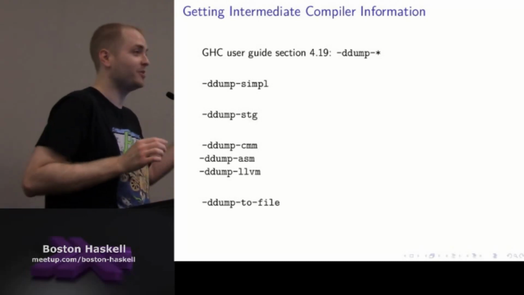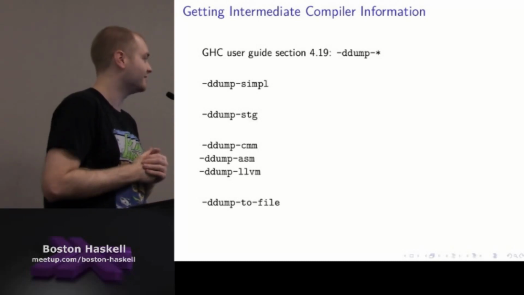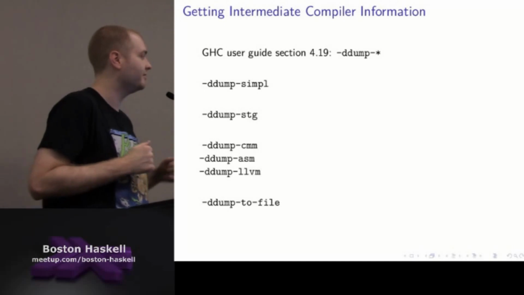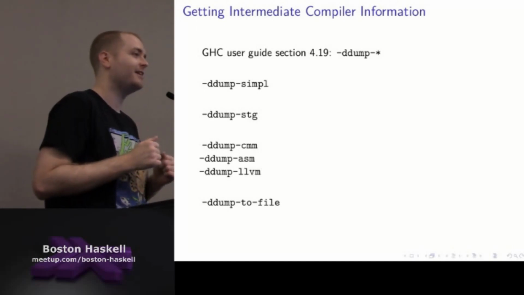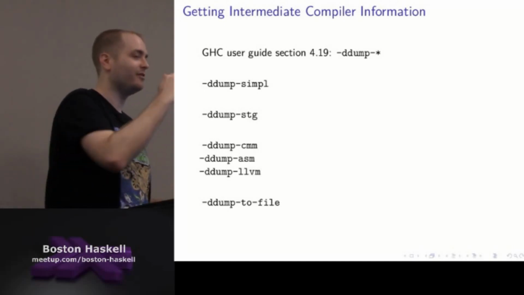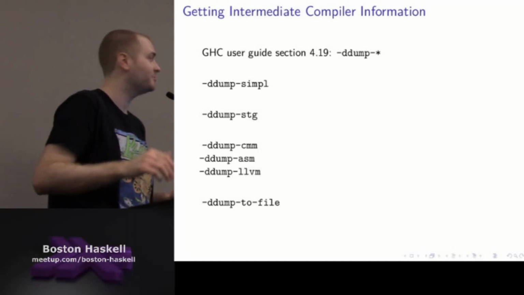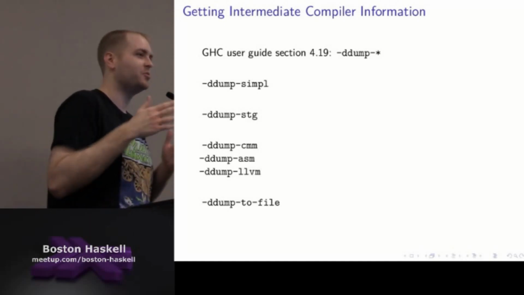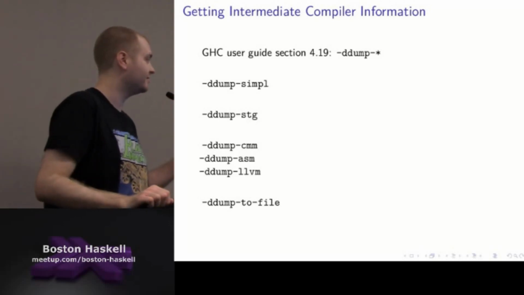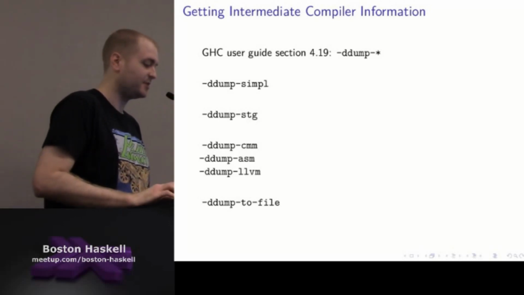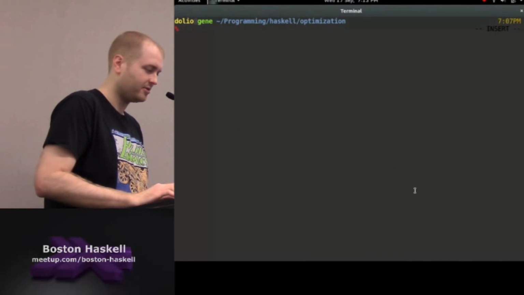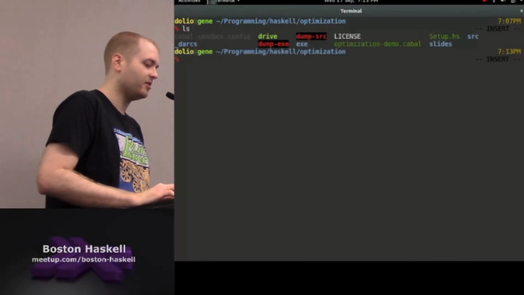And this is the most important part for a lot of people, I'm sure: you can pass this flag called dump-to-file, and it will generate actual files with all of the stuff instead of spitting it all out to standard output, which is what it used to do. People wrote tools around that, but now you can get it to actually spit to a file, and so you can even put this in your Cabal file.